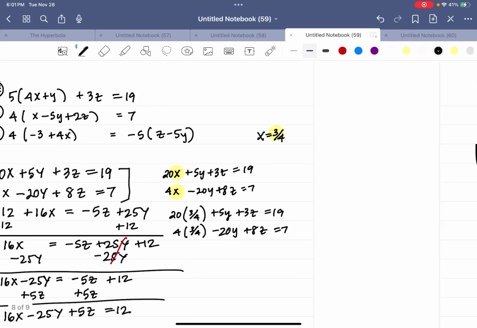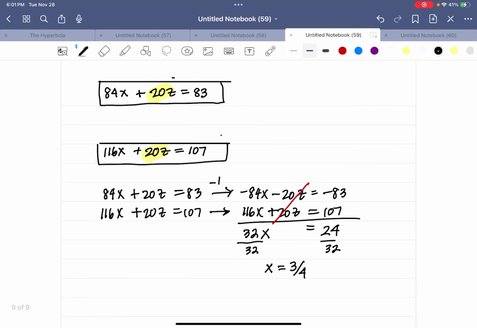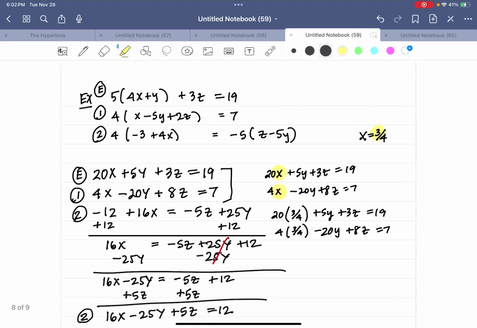Now I could have put it into one of these equations as well. I could have put x is 3/4 in either one of those, and that might have been more efficient.